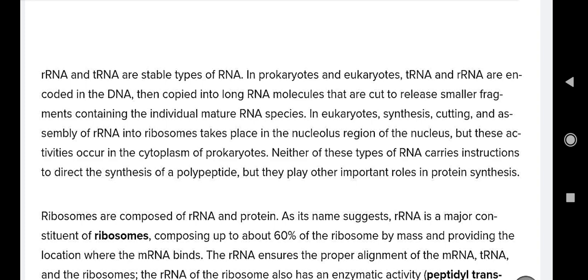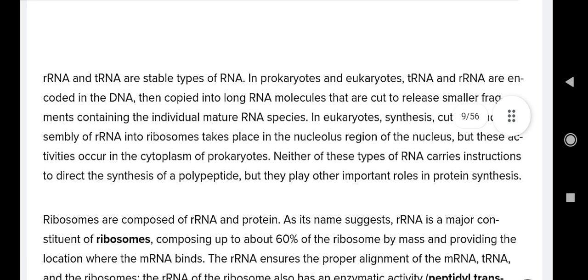So simply, if you see the rRNA structure, rRNA are the components of ribosomes. A ribosome is made up of two subunits, the large ribosomal subunit and the small ribosomal subunit, and within these subunits we find rRNA. So rRNA is a component of ribosomes.